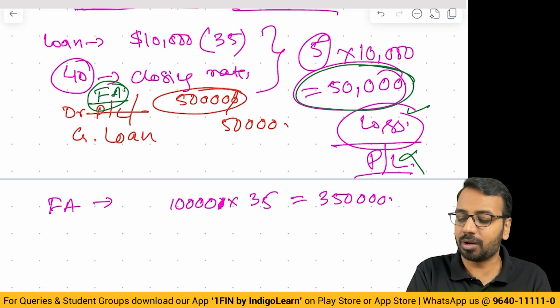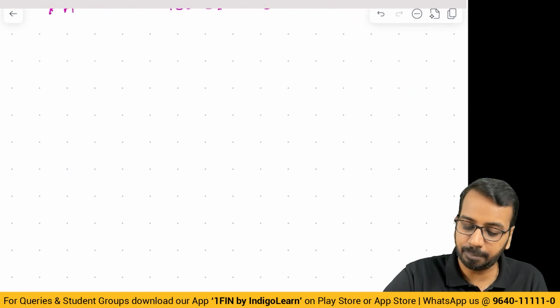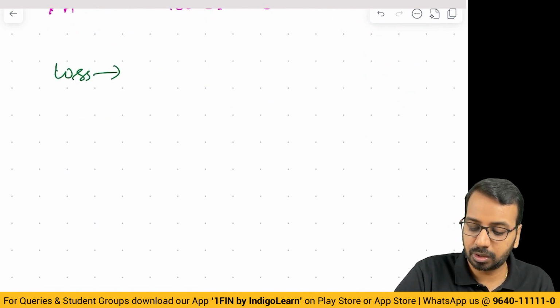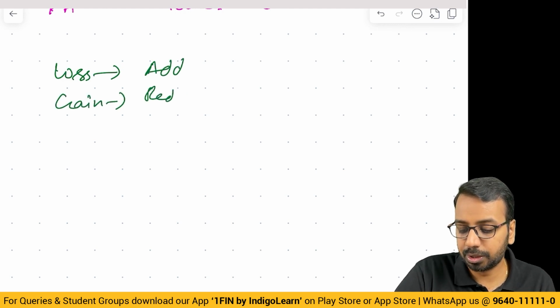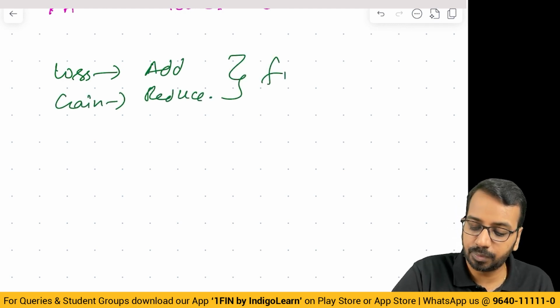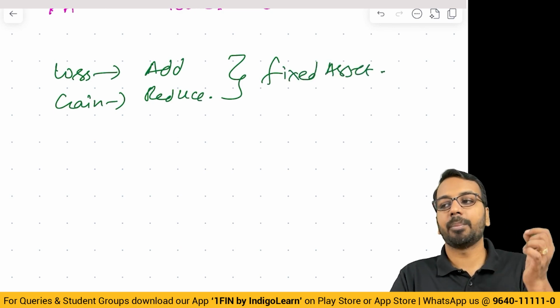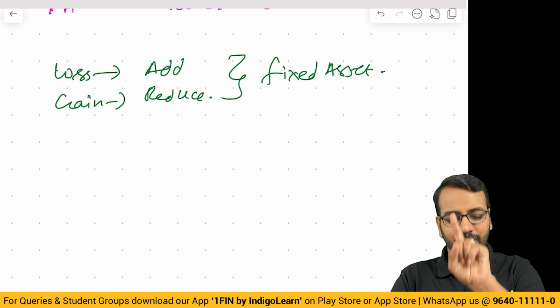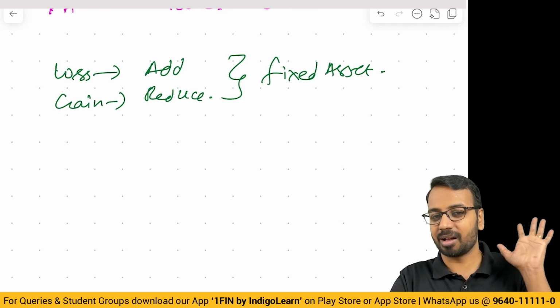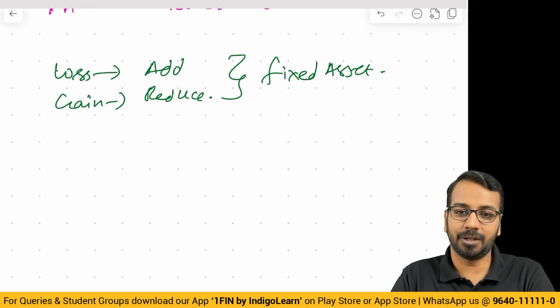Why will you reduce from the cost? If there is a gain, you will reduce. So basically, loss you have to add, gain you have to reduce, from the fixed asset. This is as per the choice given by paragraph 46A of the Accounting Standard. Remember this paragraph. If this question comes, write 46A. That will make a very good impact on the examiner.